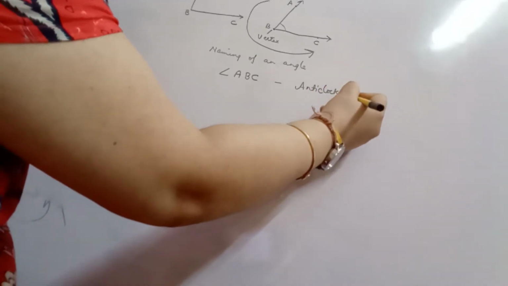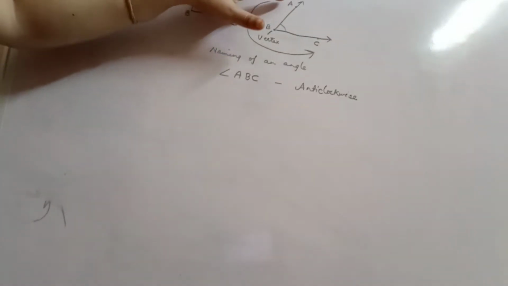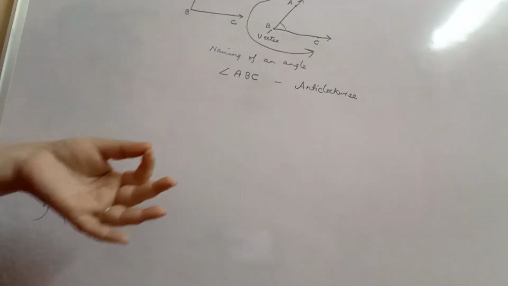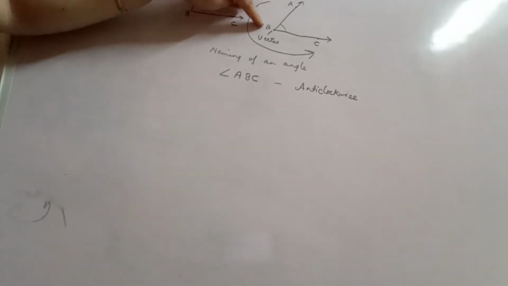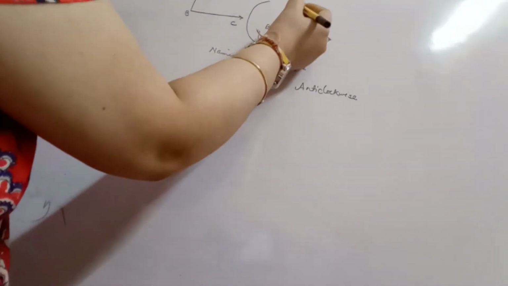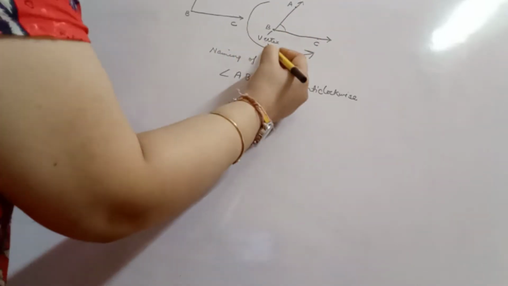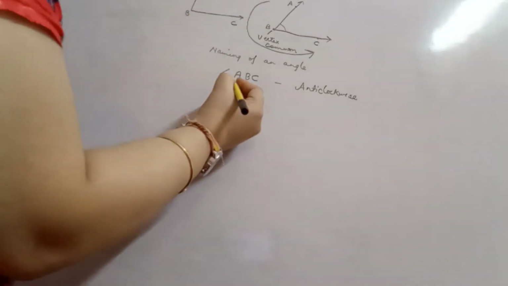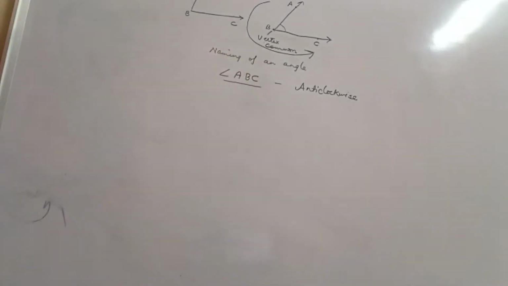I will be discussing the points where most of the students get stuck. Every student gets confused in naming of an angle. So keep in mind, an angle has 3 points with 1 point as the common vertex. Now ABC is the name of the angle.